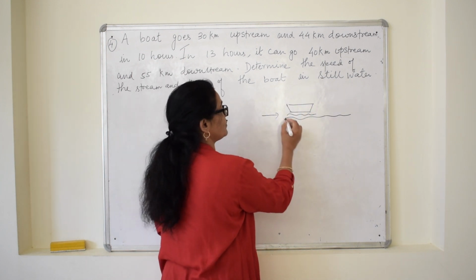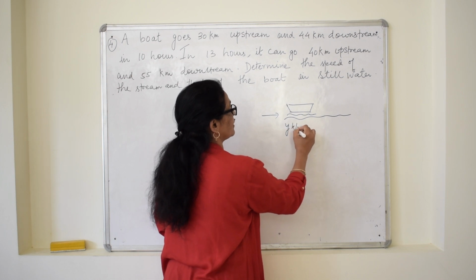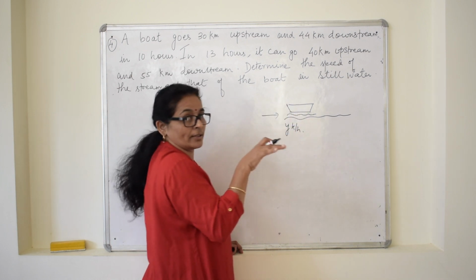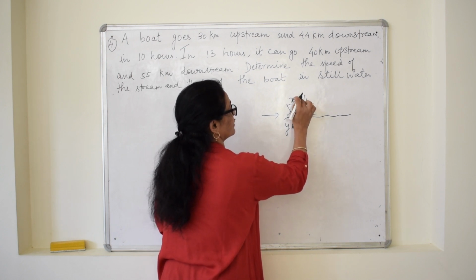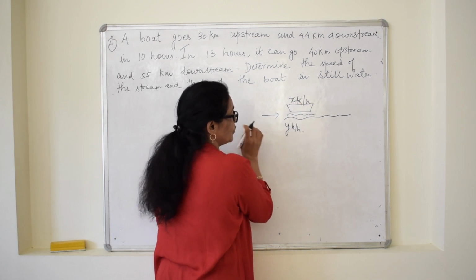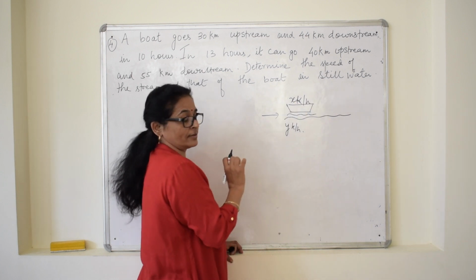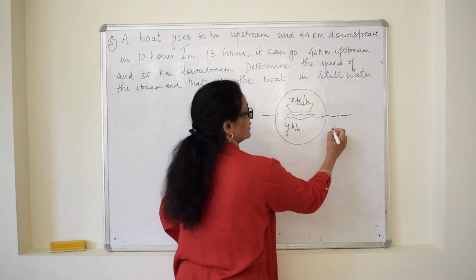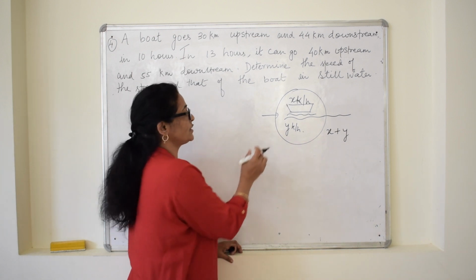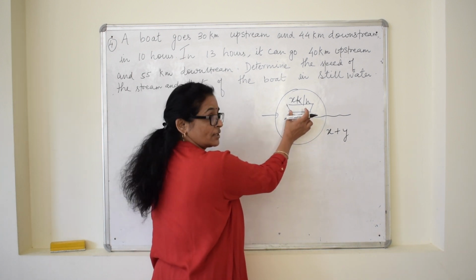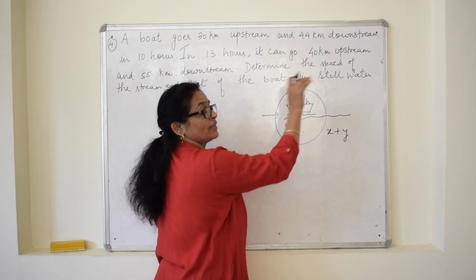If the speed of the stream is y kilometers per hour and the boat's speed in still water is, suppose, x kilometers per hour, then when both are in the same direction, the total speed will be x plus y, because the water helps the boat.